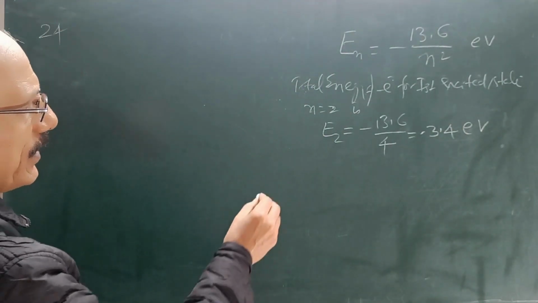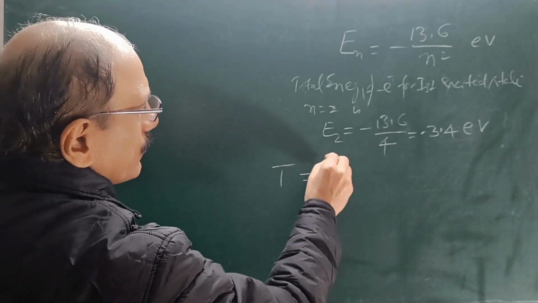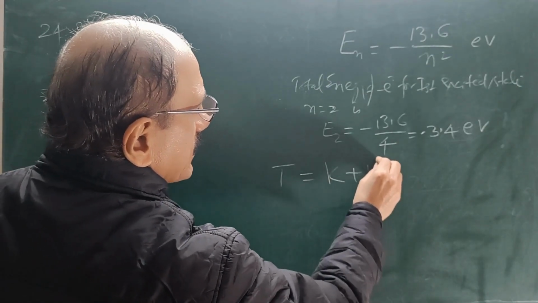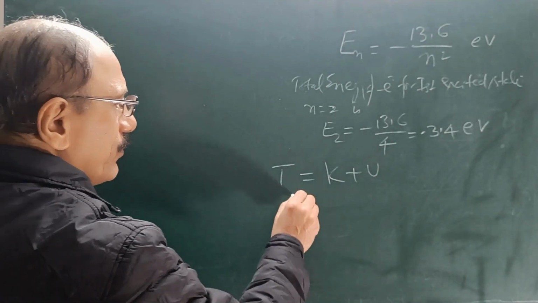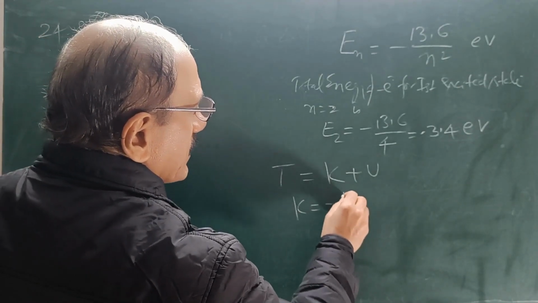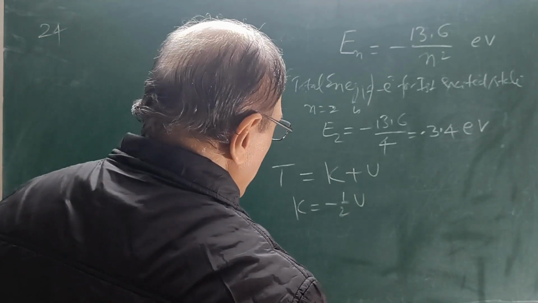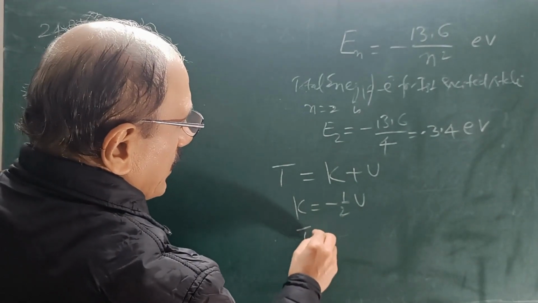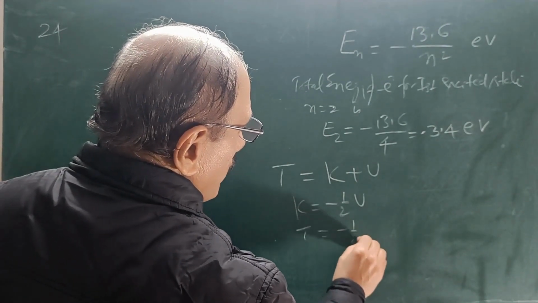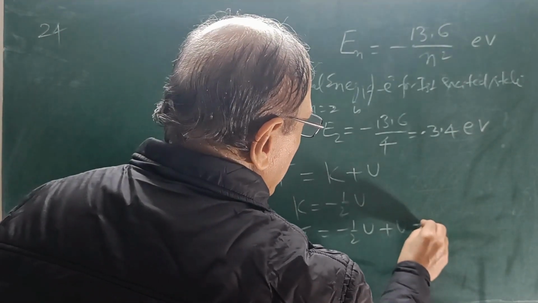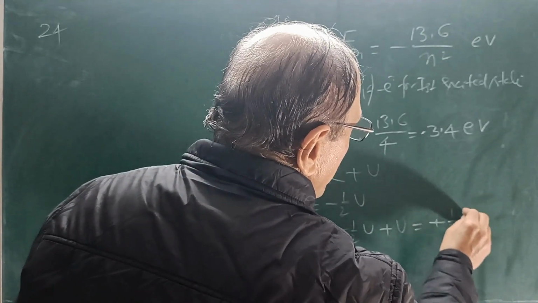As we know, total energy is equal to kinetic energy plus potential energy. Also, the kinetic energy is minus half of the potential energy. Therefore, total energy will be equal to minus half U plus U, that is plus half of the U.